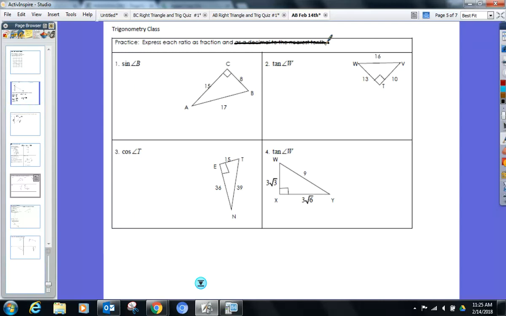All right, the first ratio I need is what? The sine ratio, but it's got to come from what angle in number one? B. So everyone take a look at angle B. There's our focus. And might be a good idea, let's all write Sokotoa up above, so we're not flipping our page back and forth here.